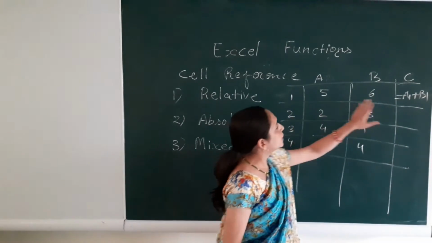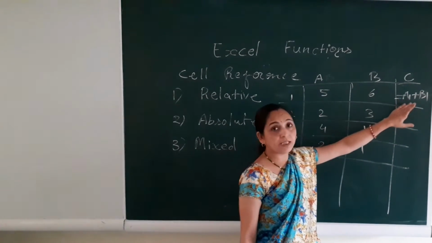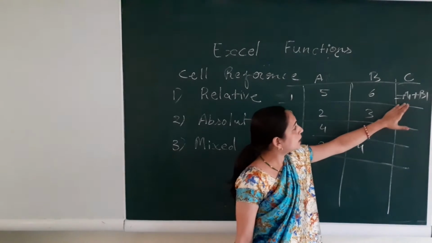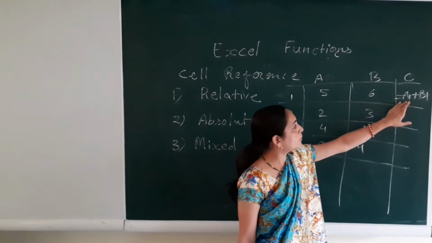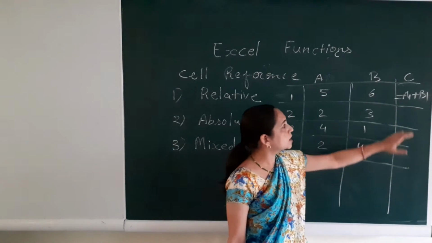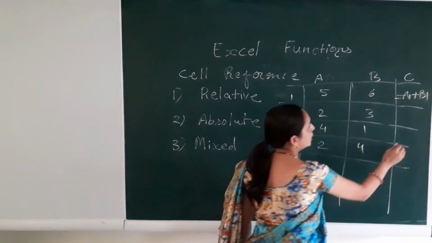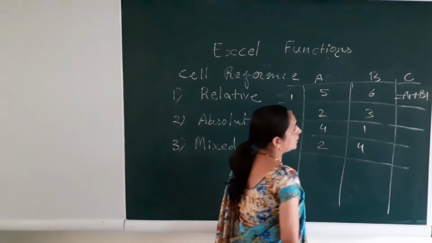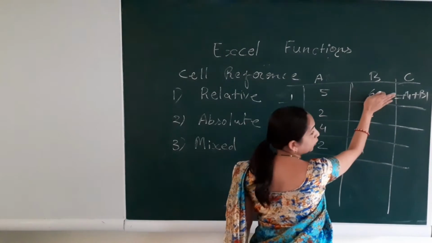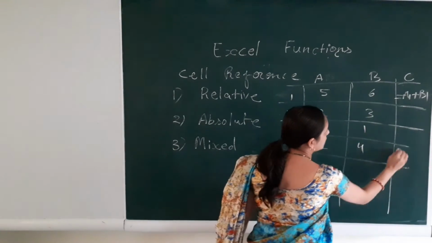So I will use this formula, and MS Excel also provides the facility that once you have applied the formula, you can copy it to adjacent cells and non-adjacent cells also, by dragging the fill handle.